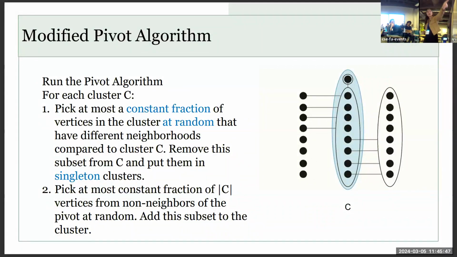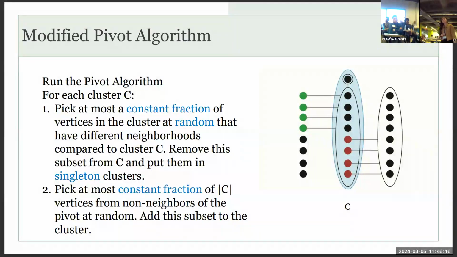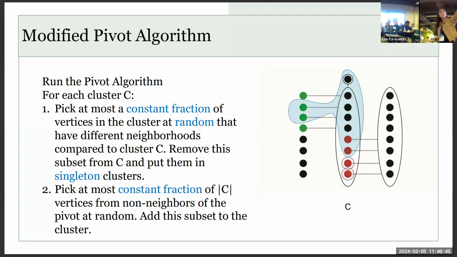For example, imagine that we have run the pivot and we picked a pivot and it has some neighbors, and we put them in a cluster C. We have some green vertices outside of the cluster C that have a very similar neighborhood to the cluster C, and we also have some red vertices that have very similar neighbors to the outside of the cluster and very little similarity with the cluster C. So what we do here is pick at random, at most a constant fraction of the size of C from these green vertices and add them, and the same for the red vertices that we want to throw out of the cluster.